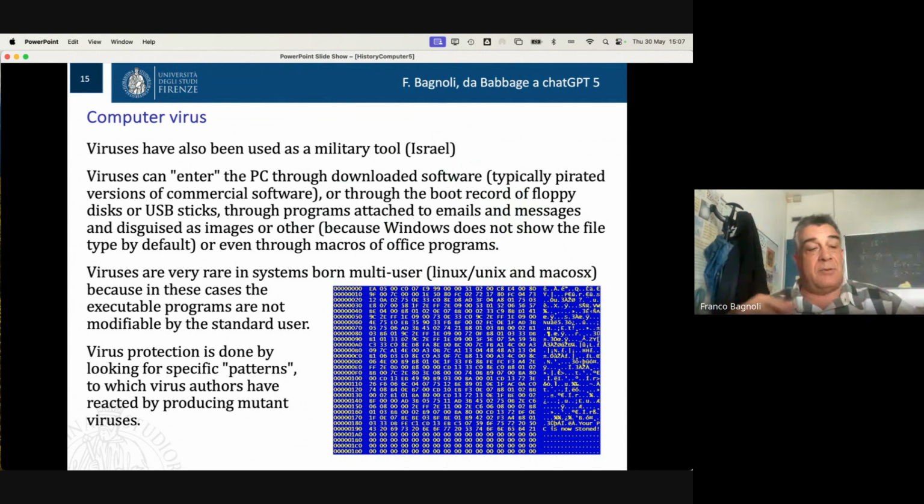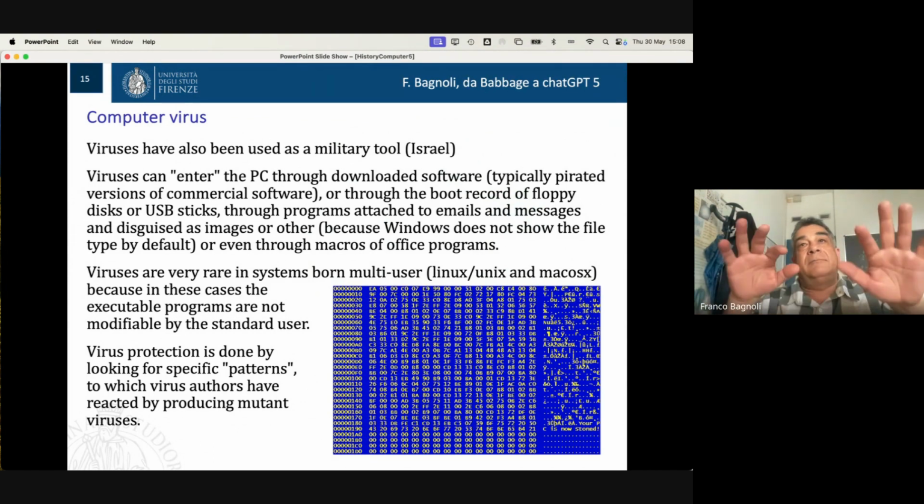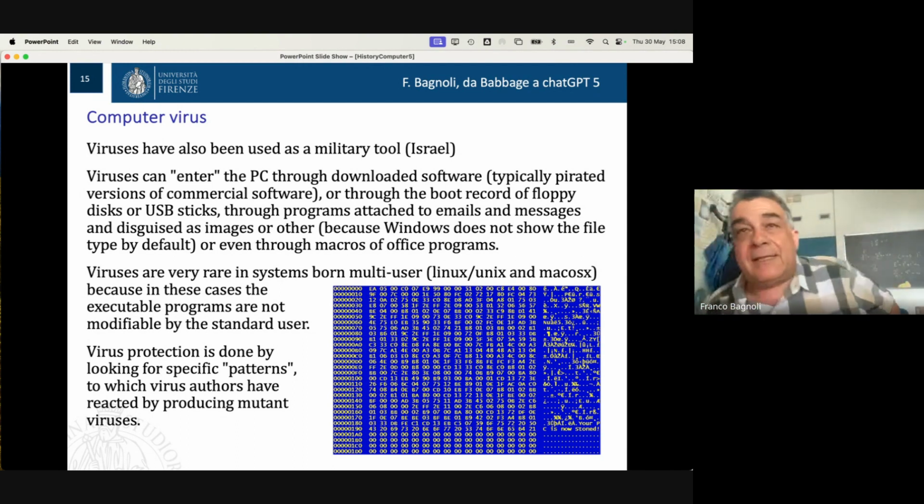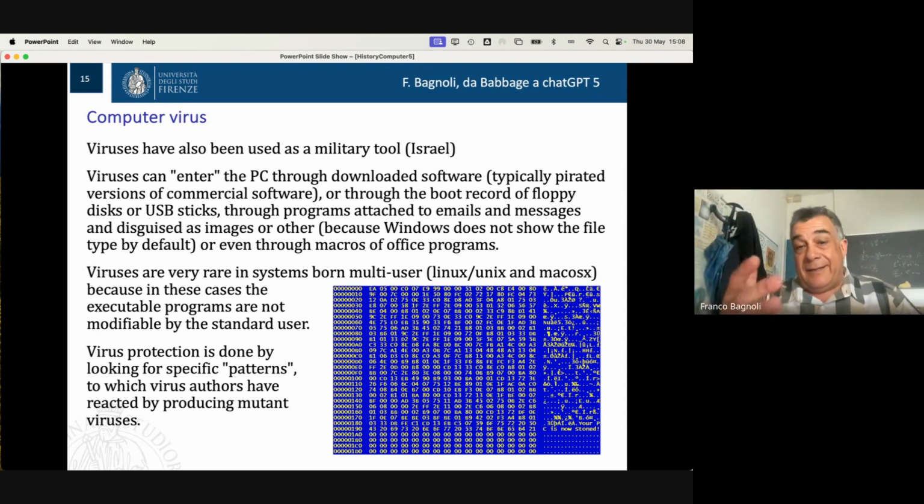But since it was born having the old Windows in mind, it was not programmed to have a strong separation between operating system and user, because the idea was that no user wanted to have to enter a password just for installing a new software. So the standard user in Windows is a super user. It can do anything. So clearly also programs launched by this standard user can essentially destroy the whole operating system.